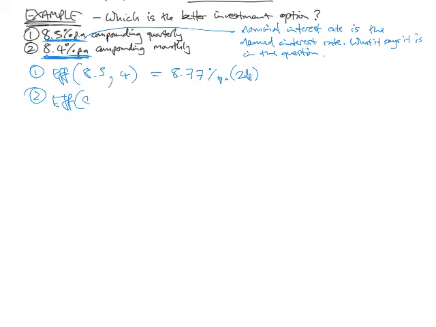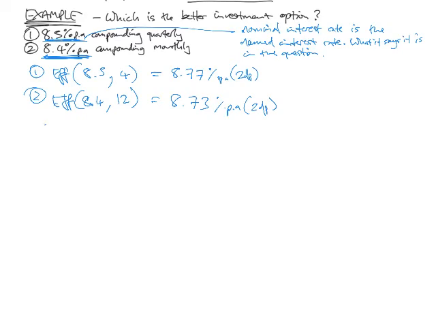So the nominal for number 2 is 8.4, comma, and if it's compounding monthly, it's going to be 12. So open up EFF again, put in 8.4, and then put a comma, and then put 12. That comes to 8.73% per annum to 2 decimal places.